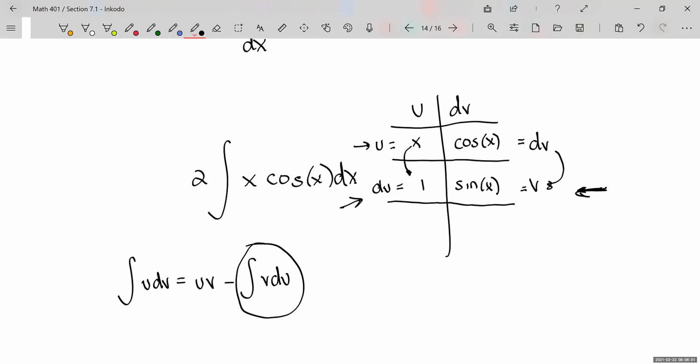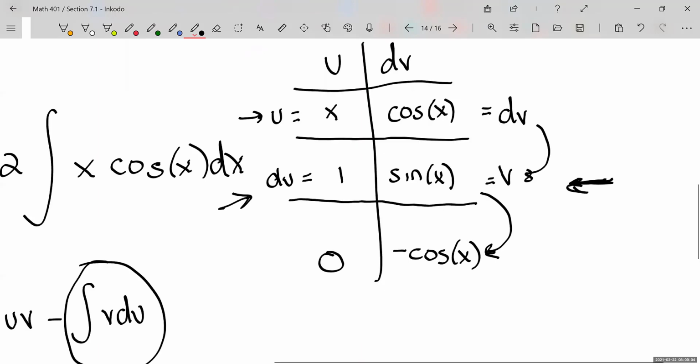And it turns out if you go one more line here, take one more derivative to where this is 0, take one more integral, antiderivative, to where this is negative cosine of x, what you have actually done, if you take a look at this, is the integral of v du. Notice du is 1 and v is sine, and the integral of sine times 1 is going to be the negative cosine. And so that's where that comes from. That's how the table automates it quite a bit, actually.